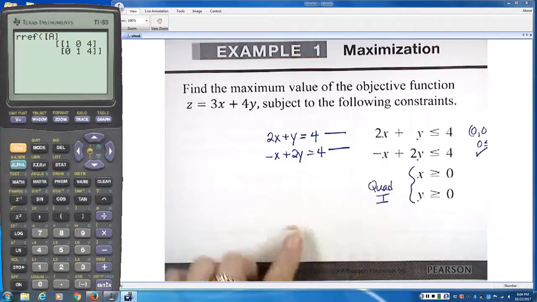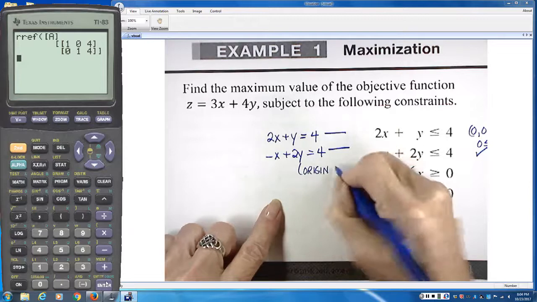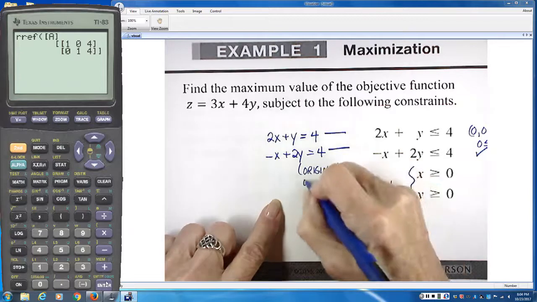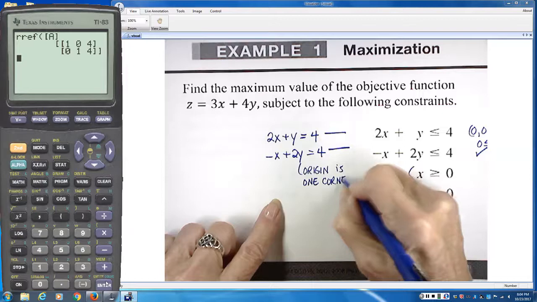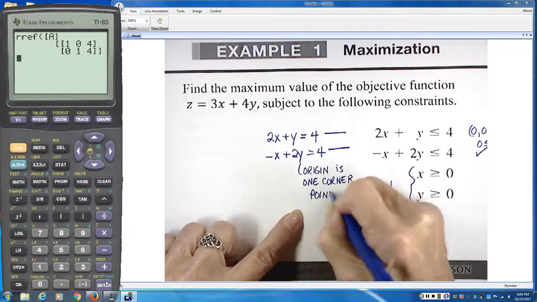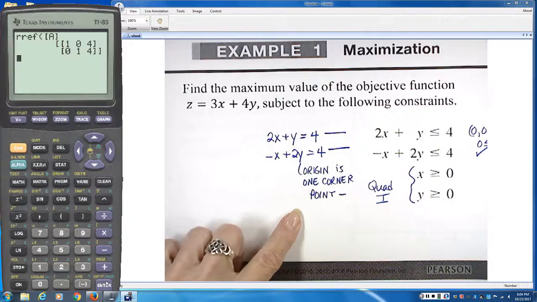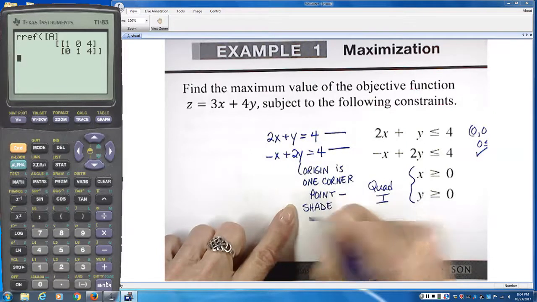So the origin is one of the corner points because it satisfied both of those. So that's the first thing we're going to know, and we're going to shade toward the origin.